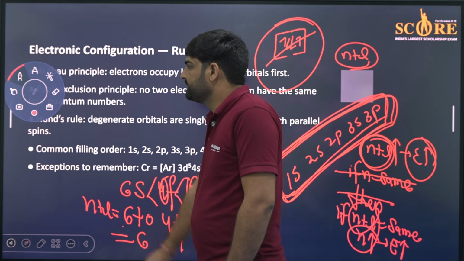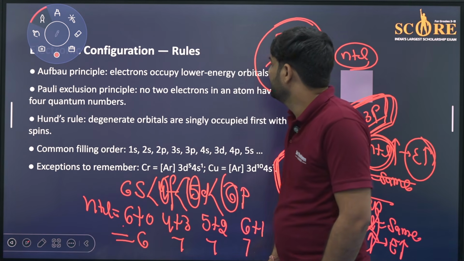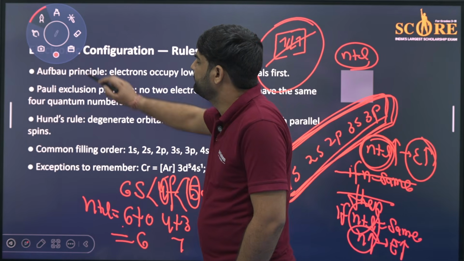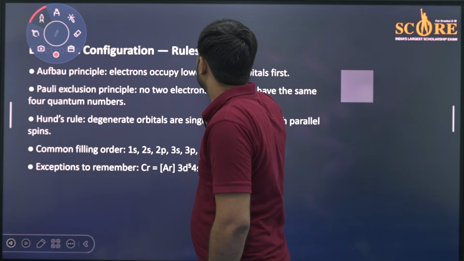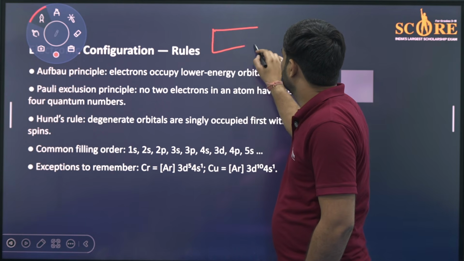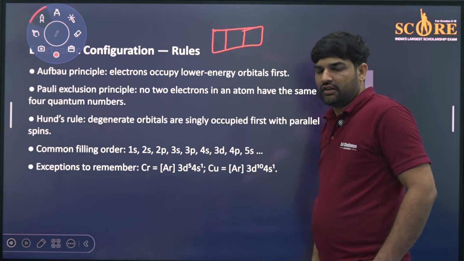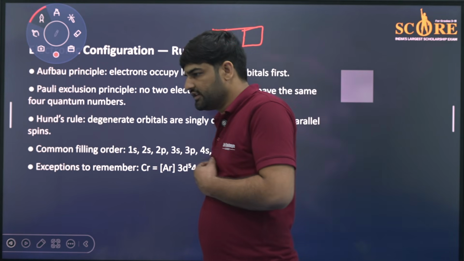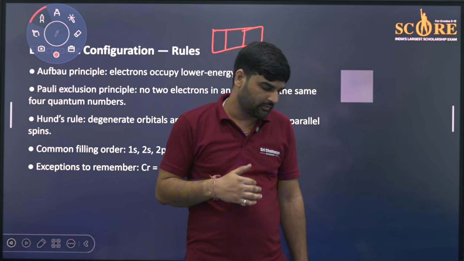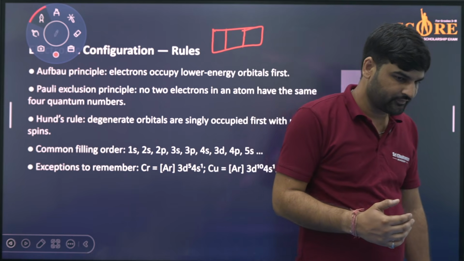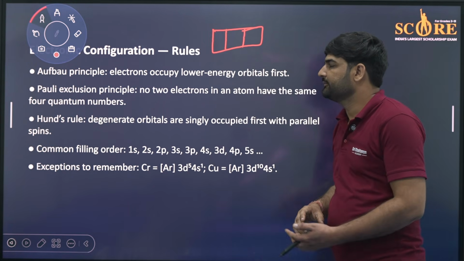The last rule is Hund's rule. Hund's rule is given for degenerate orbitals. In degenerate orbitals, electrons are filled up. Degenerate orbitals means orbitals of the same energy level, orbitals having the same energy.